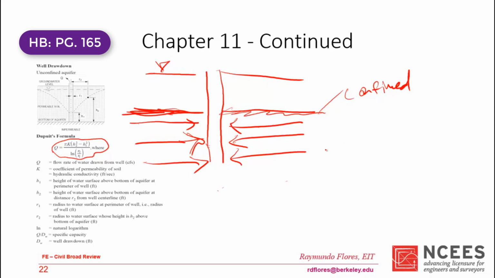Because we assume that it's only going through this section, in terms of getting the discharge, the area is going to be a function of R, but in the confined case it's no longer a function of H. It's just a function of the depth from here to here as you have variations along R, because we assume that it's the only area being affected in the pipe, because this is a pipe.